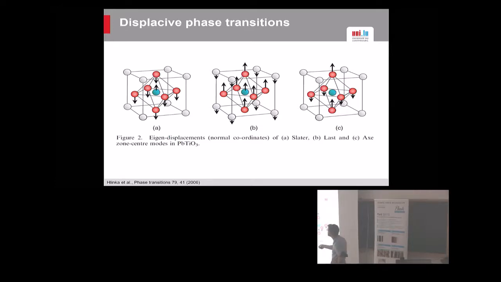So in particular, this one with, say, the titanium vibrating against the oxygen cage. This one where titanium and oxygen go along, but it's lead that goes against it. And this one where it's just the oxygen octahedron vibrating.